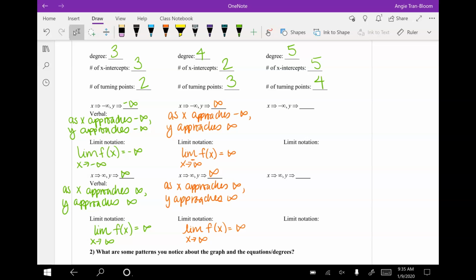So I need you to answer all of the questions on that last graph, okay? Once you're done, I want you to talk to your team and compare your answers.